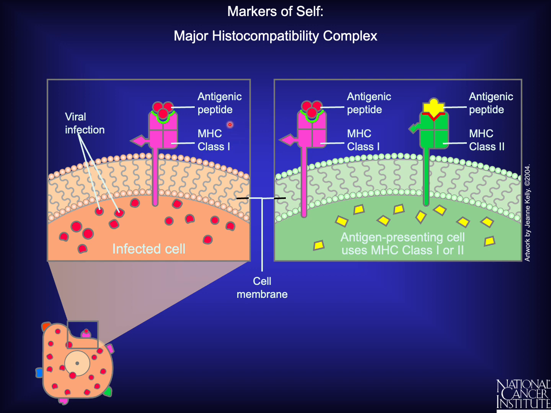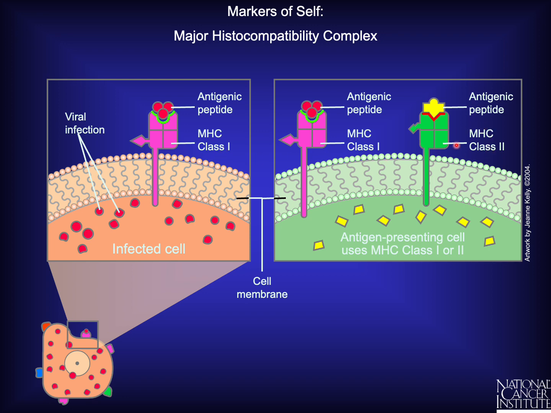MHC class 1 is going to be on all of your body's nucleated cells. So it's not on red blood cells because they're not nucleated, but it's on all of your other cells and identifies your cells as self. They're your cells. This is also what happens whenever, after some type of tissue transplant has taken place and there's tissue rejection, it's from your body recognizing a different display of MHC class 1 markers on that tissue that's been transplanted.